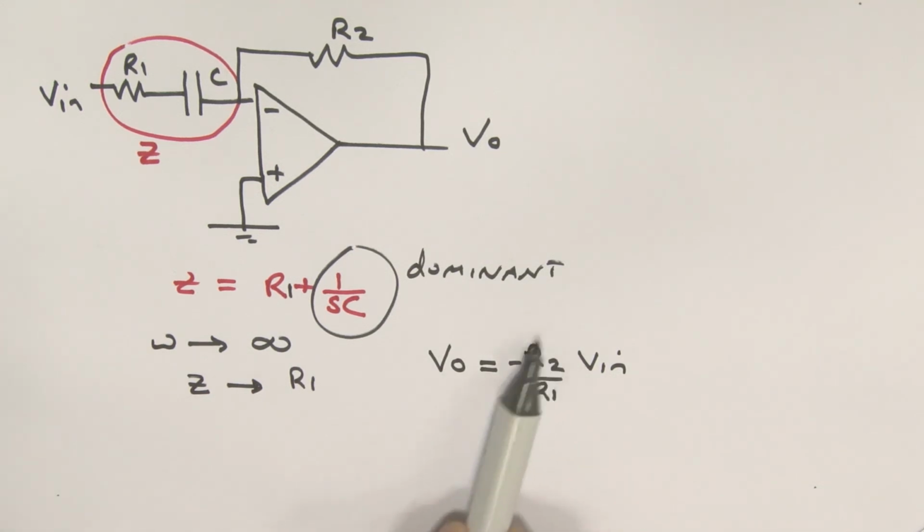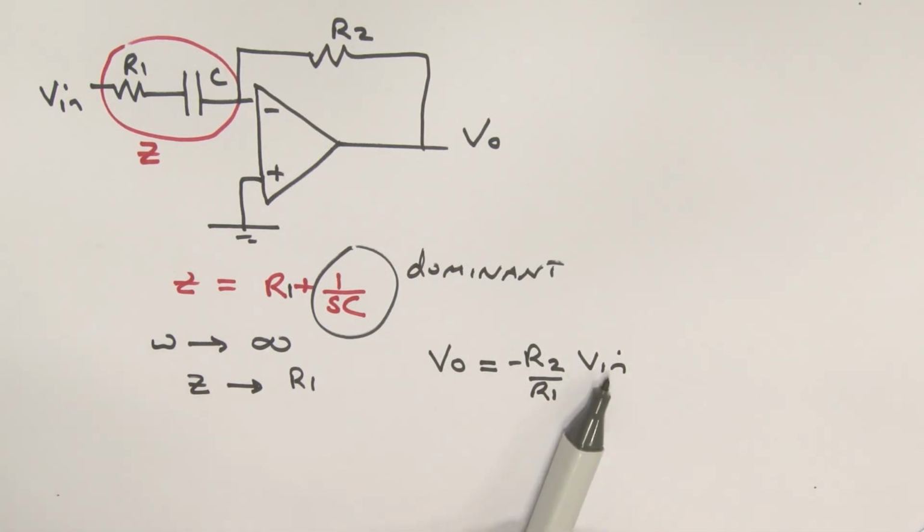So this needs to be small enough to avoid this output voltage going into saturation for a given input voltage value. And so that becomes a design consideration.